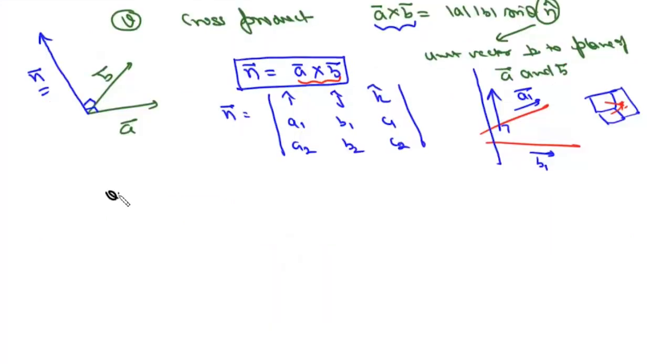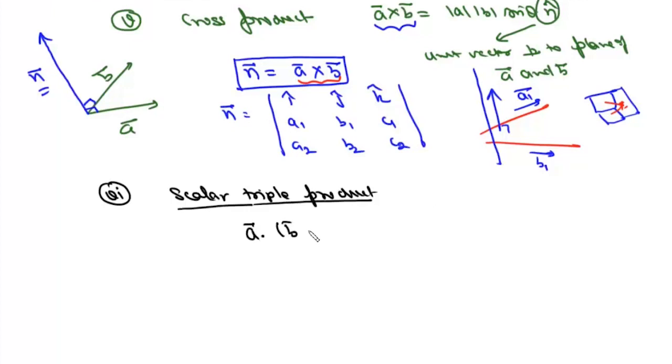Now this sixth one is scalar triple product. Now we have three vectors A, B and C. Then we define the scalar triple product as A dot B cross C, and we also write this as the box product [A B C].